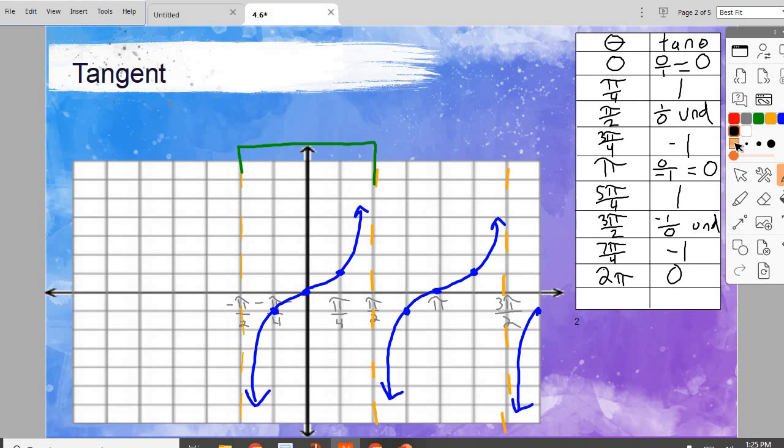So do we notice that it takes pi to repeat itself instead of 2 pi, like our sine and cosine? And what's the length that it takes to repeat itself called? The period. So the period of our tangent graph is pi instead of 2 pi.